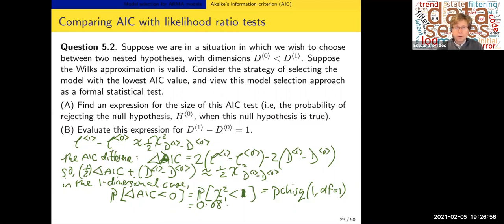Okay, so we see that an AIC is much less stringent a test than a likelihood ratio test.